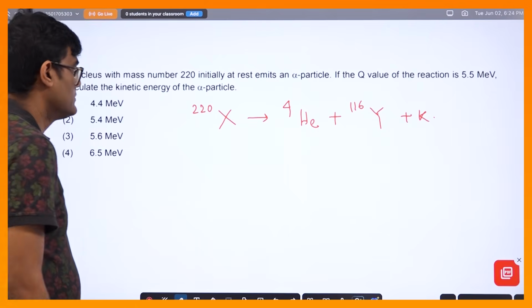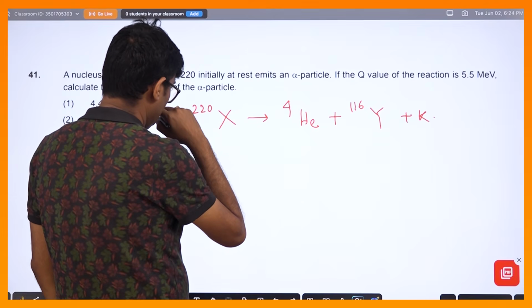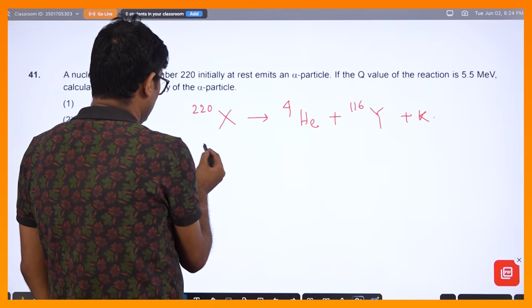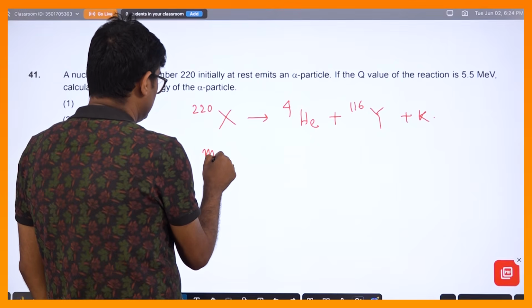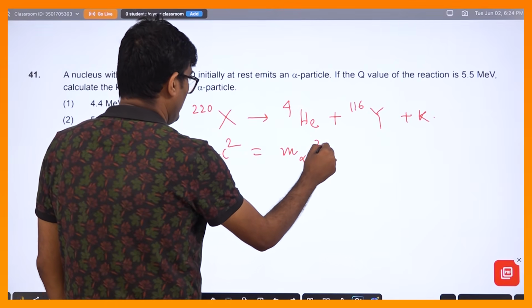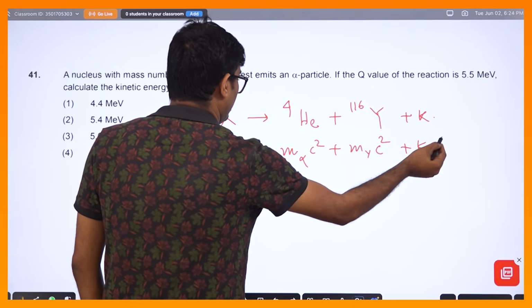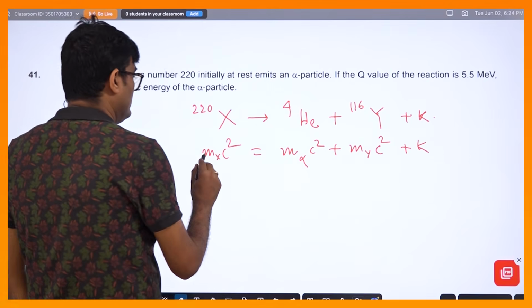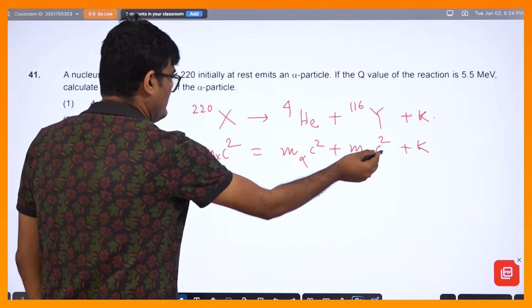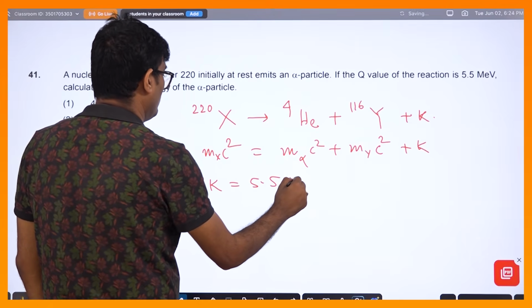Okay, so I can say that if Q value is, mX c square equals m alpha c square plus mY c square plus the kinetic energy, and Q value is the difference of the mc square, so kinetic energy is equal to 5.5 mega electron volt.